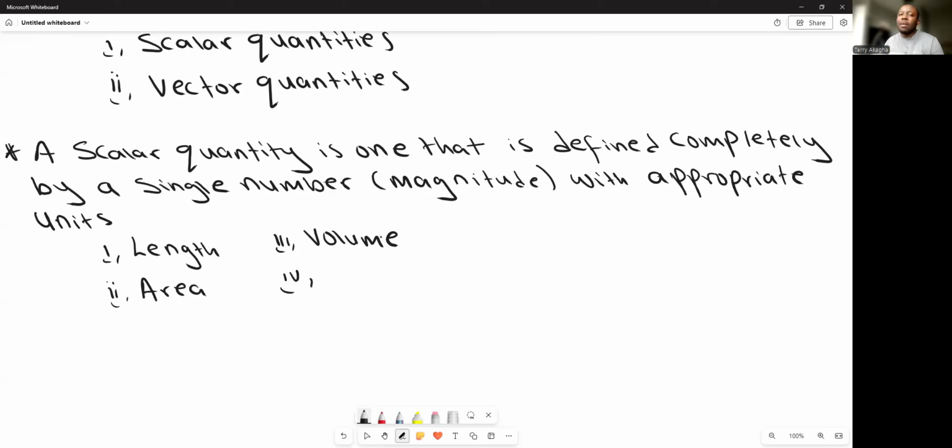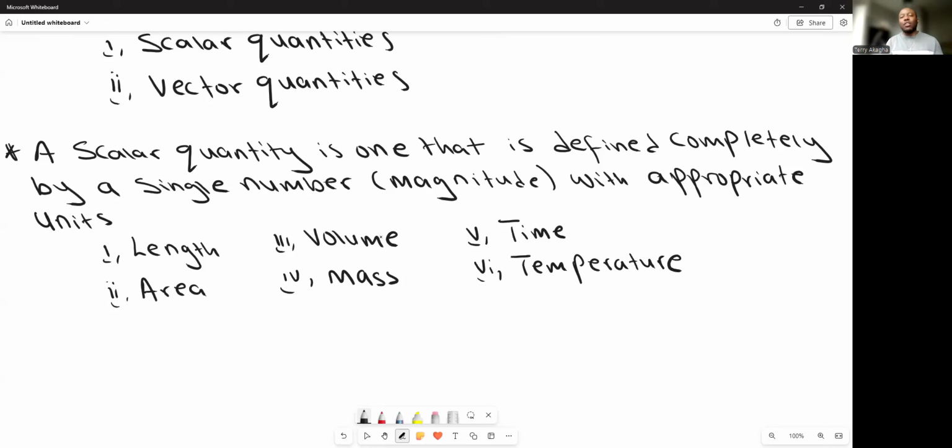Another one you can have is mass. Mass is a scalar quantity. You can have it in kilograms or in pounds. Then you can also have time, in hours, in seconds. Then you have temperature, in Celsius or in Fahrenheit. So it depends what appropriate unit you're working with.